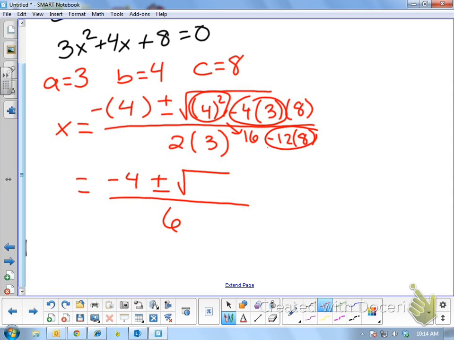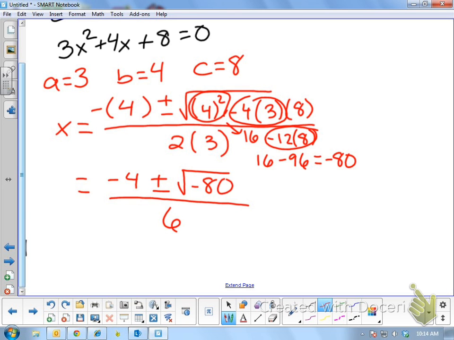So next we multiply the negative 12 times 8. Negative 96. And if we subtract, we get 16 minus 96 is negative 80. So we've practiced up to that point a couple of times. We did last assignment and the assignment before.